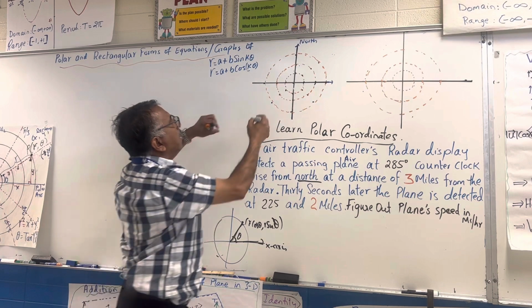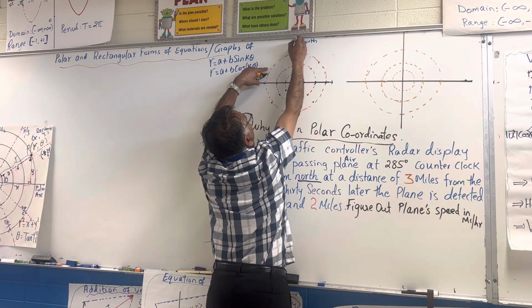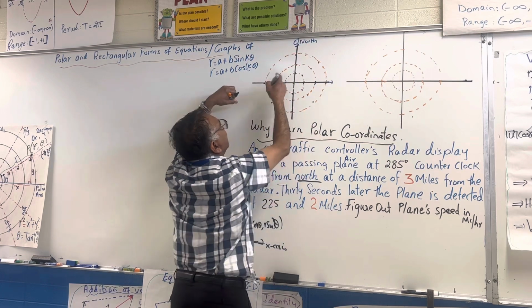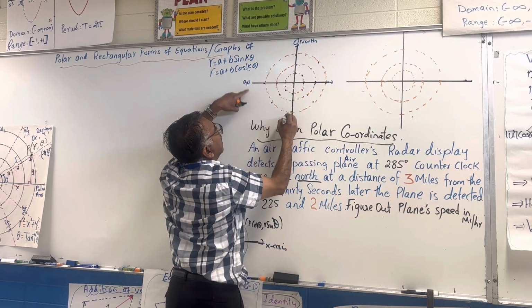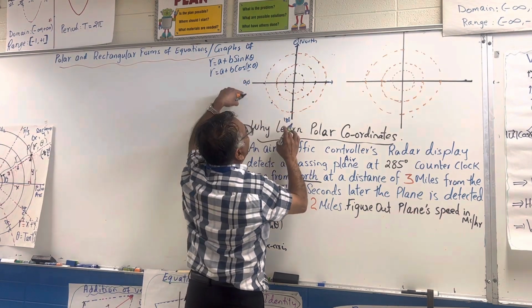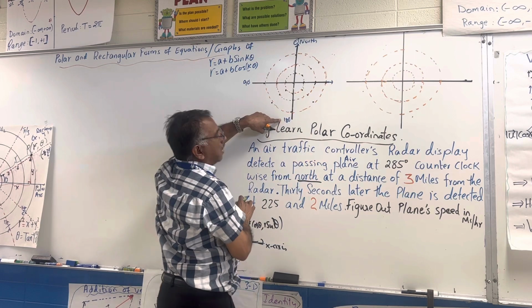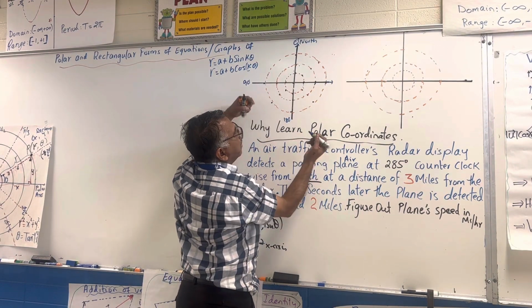So 285 will be, remember, if I start this as the 0 angle, this becomes the 90 angle, and then this becomes 180 degrees. Confusing, right? So 0, 90, 180, and then it says 285. If this is 180, where is 285?